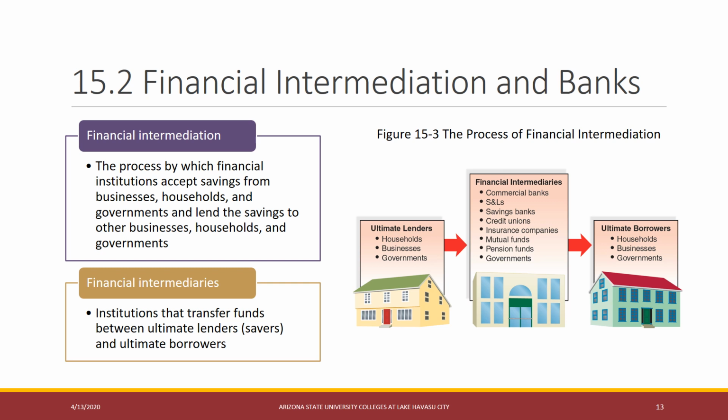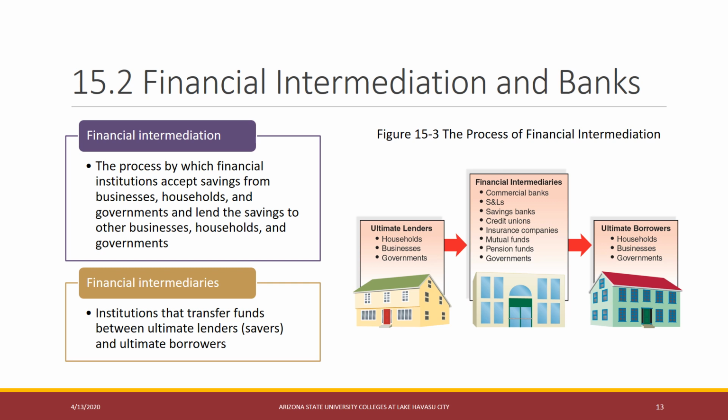And what are financial intermediaries? These are the institutions that transfer funds between the ultimate lenders, or the savers, and ultimate borrowers. You can see here the figure which shows the process of financial intermediation.